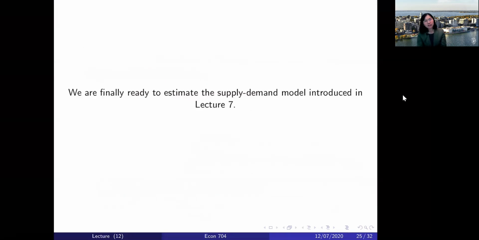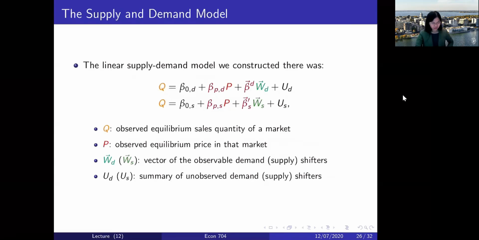So finally, we are ready to estimate the supply-demand model that we introduced at the beginning of the discussion of causal models. The linear version of the supply-demand model we constructed looks like this. Here, Q is the observed equilibrium sales quantity of a market, and P is the observed equilibrium price of that market.